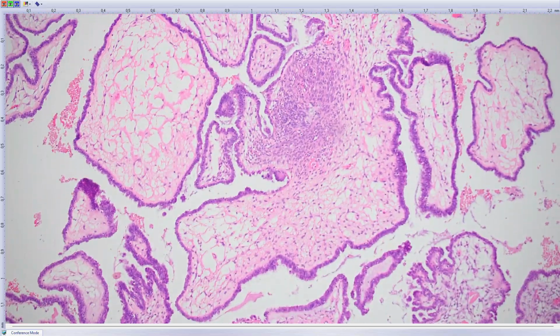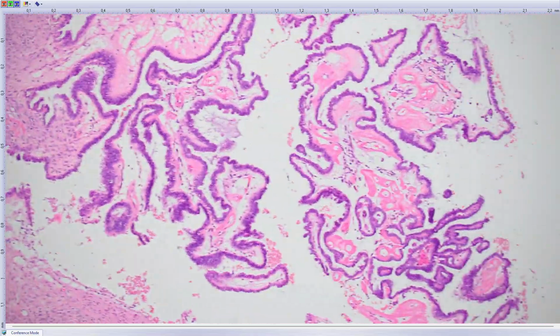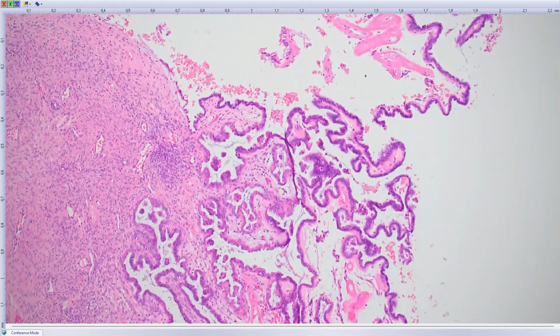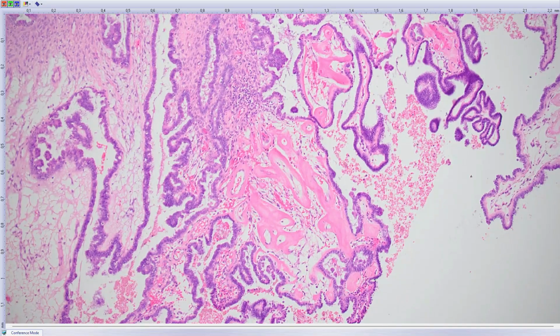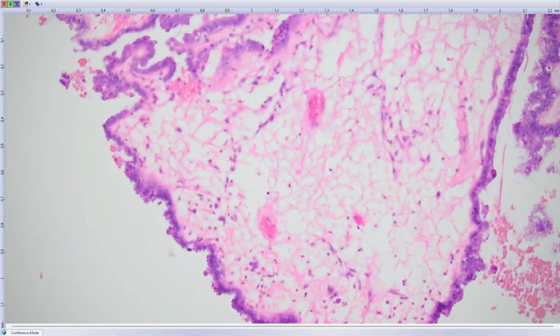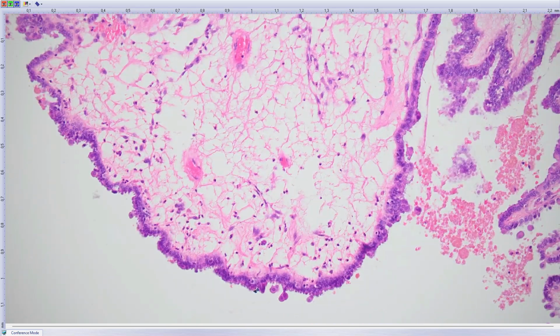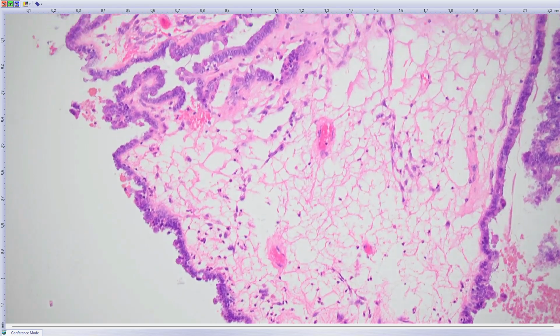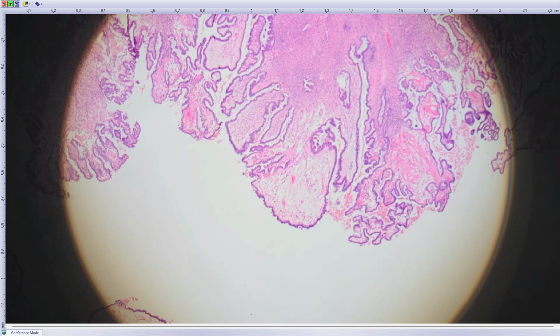It has edematous stroma with polymorphous inflammation, mostly neutrophils, but there can be eosinophils and other inflammatory cells. For example, here it's not very prominent in every case, but you can find it if you are focused on that. There is one more typical thing.